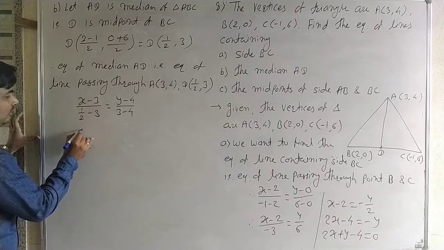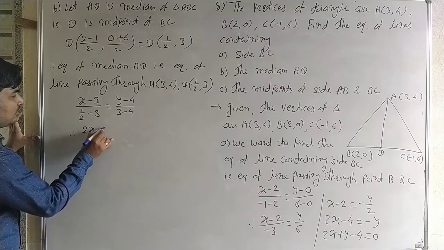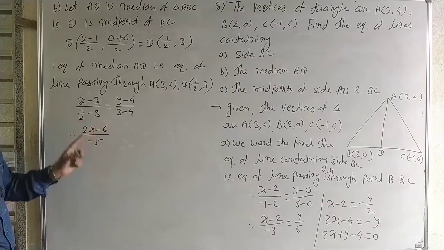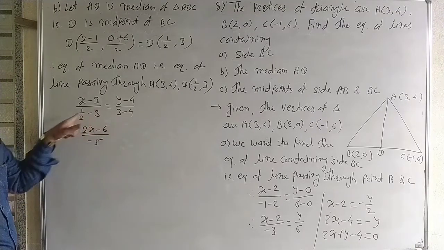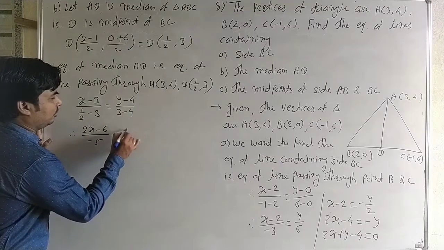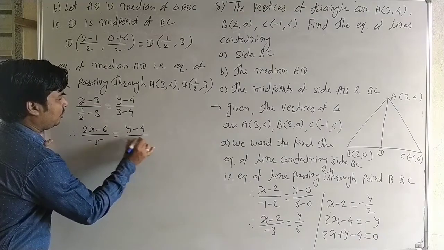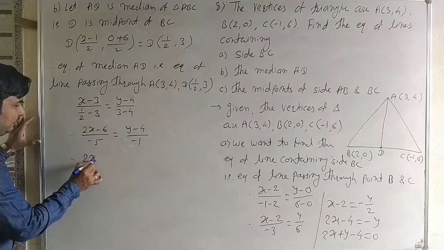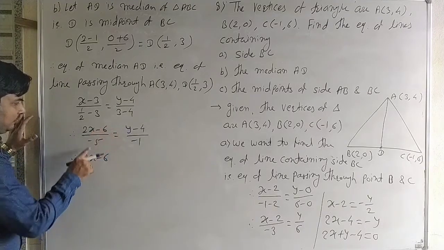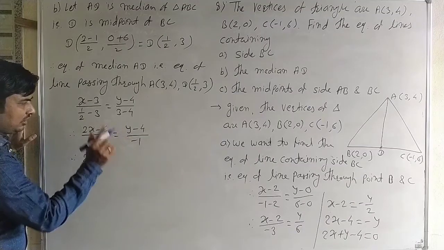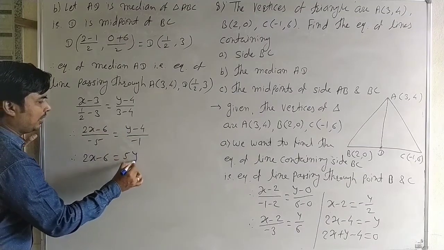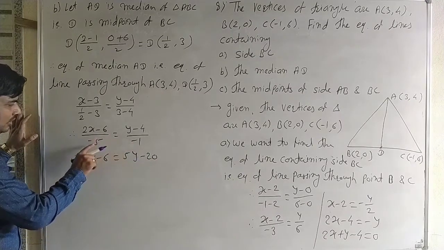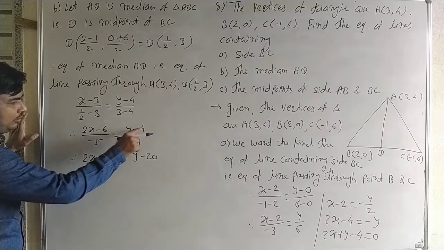Then to get in the numerator, 2x minus 6 upon minus 5 is equal to y minus 4 upon minus 1. Then 2x minus 6, take this side, minus 5 and minus 1, it is a plus. Therefore it is 5y minus 20. See carefully, minus minus plus, 5 into y and 5 into minus 4.